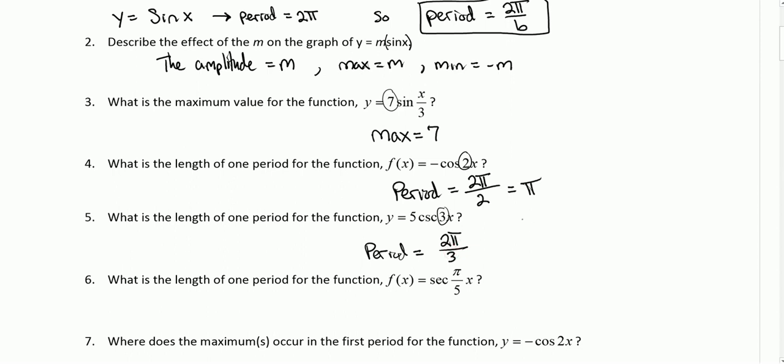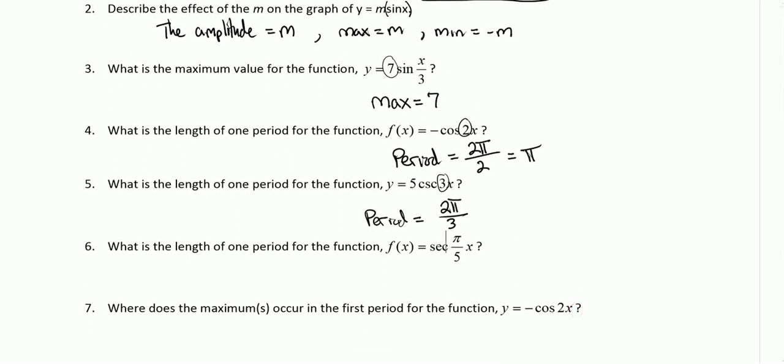Number 6, what is the length of one period for the function secant pi over 5 x? The secant function normally has a period of 2 pi. But that pi over 5 changes it, and so we're going to divide 2 pi by pi over 5.